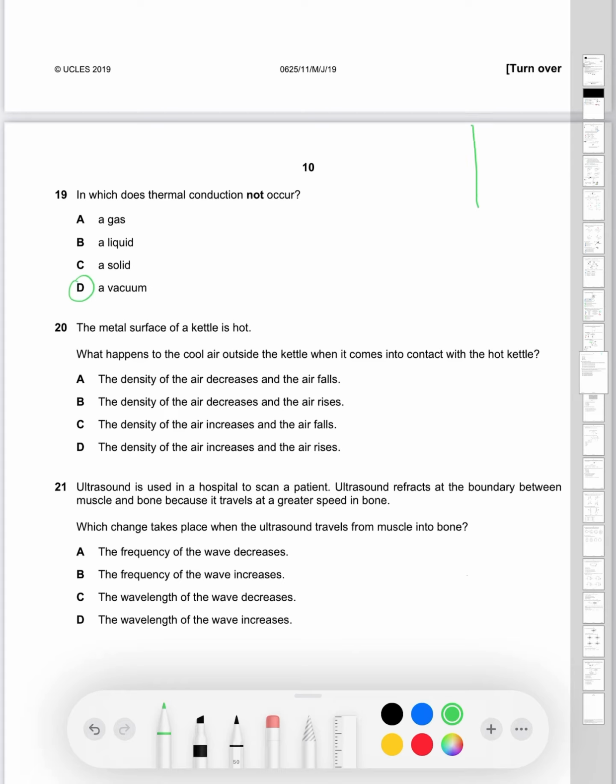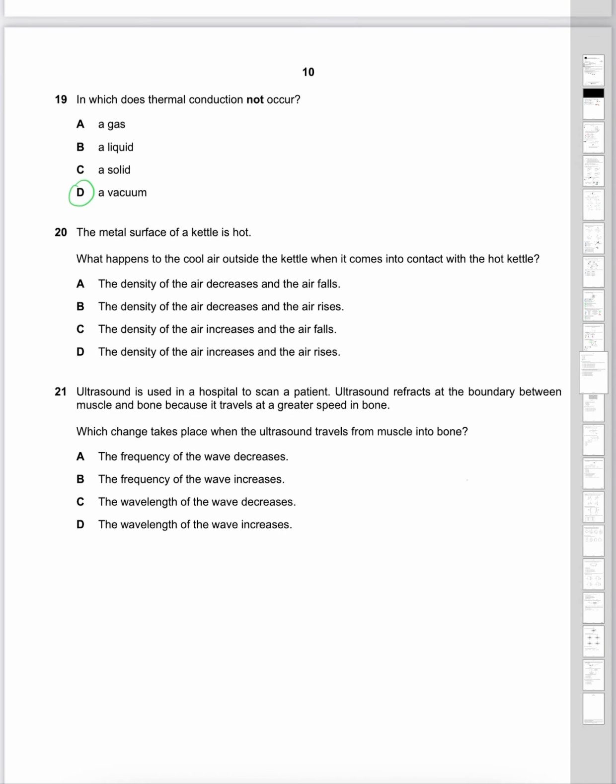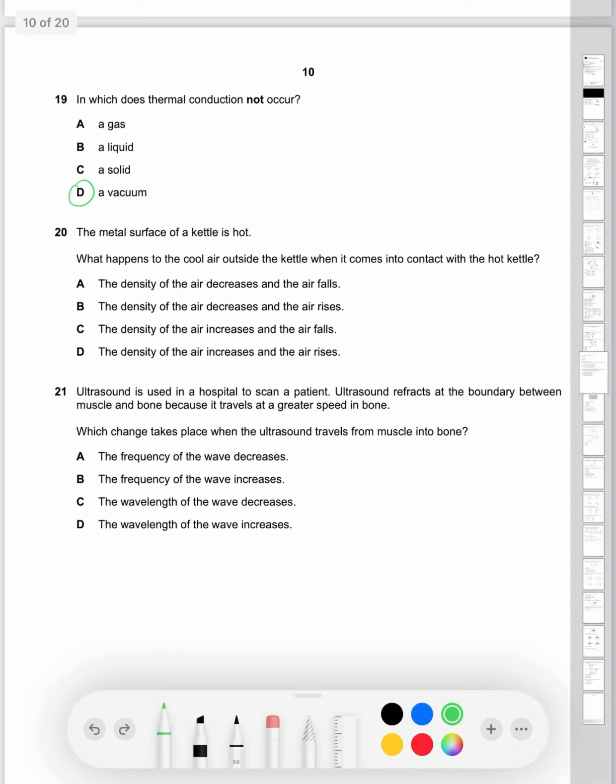It says, the metal surface of a kettle is hot. What happens to the cool air outside the kettle when it comes into contact with the hot kettle? Now, whenever cool air is heated, the molecules go further apart. So the same volume, let's say you have two of the air.